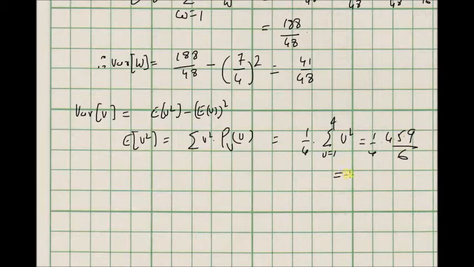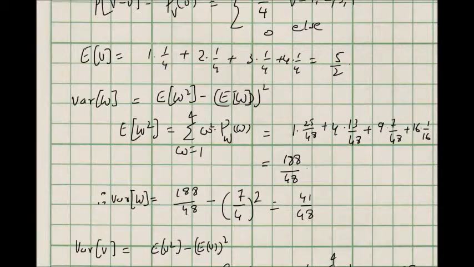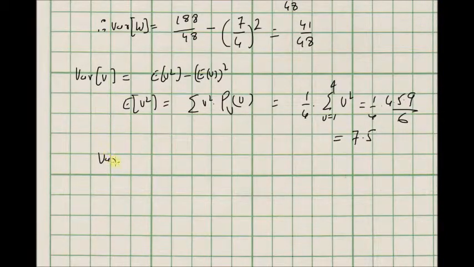So this is equal to 7.5. And we know that the expected value of V, that is the mean of V, is equal to 5 by 2. So the variance of V is equal to 15 by 2 minus 5 by 2 whole square, which is equal to 5 by 4.